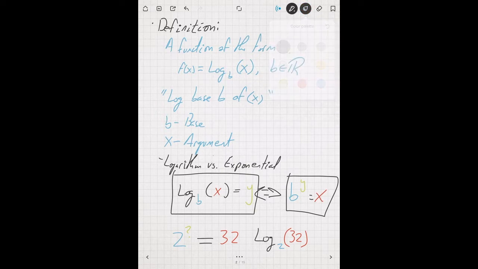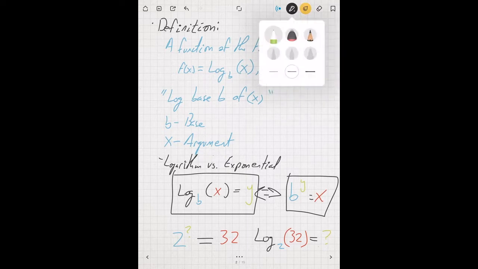This will in fact equal the exponent that you are seeking. Sorry, I like color coding things. So this unknown exponent that you're trying to figure out, you can use the logarithm method to figure it out. That's what this is saying, okay? It is important, actually I would say it's almost vital for you to remember this connection.